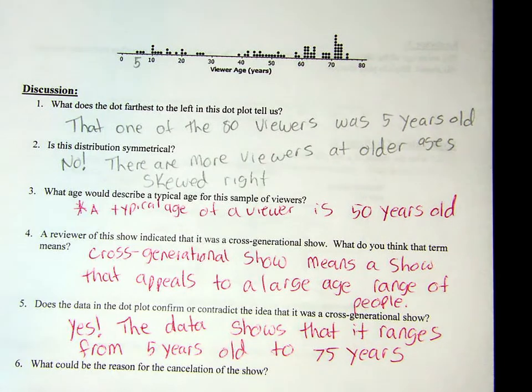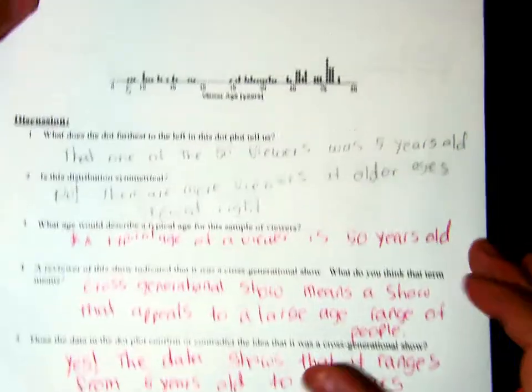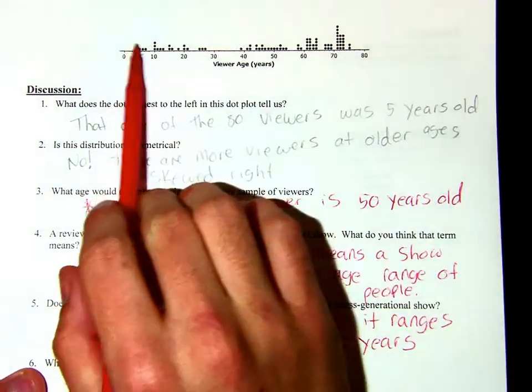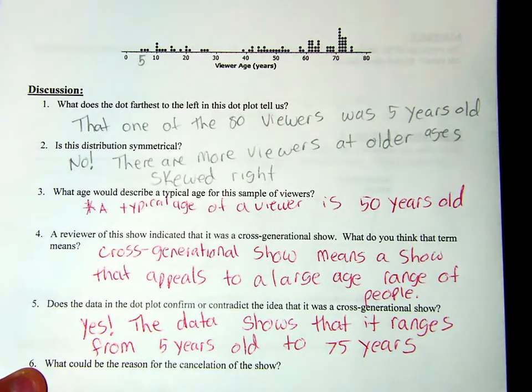For number 6, they want to know, what could be the reason for the cancellation of this show? Well, if we have a show that has a large age range, a cross-generational show, we know that with shows, they want to get sponsors to sponsor them so they can make money. Okay?